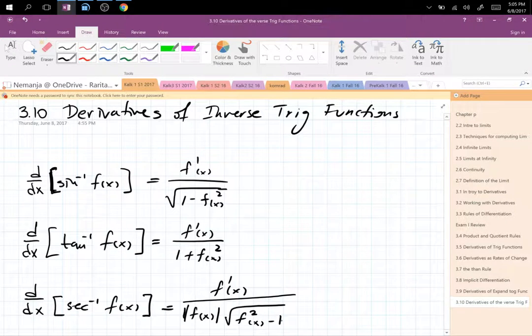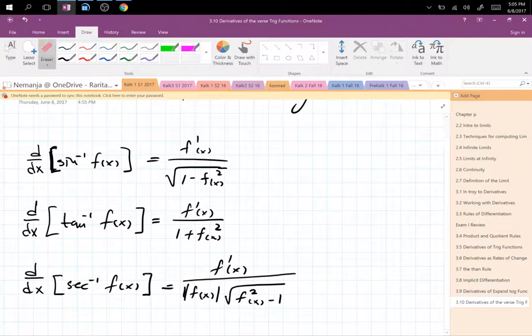That is the absolute value of f of x times the square root of f of x squared minus 1. That was the full answer.